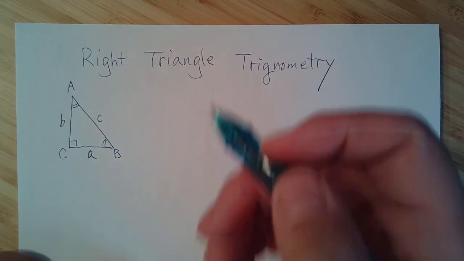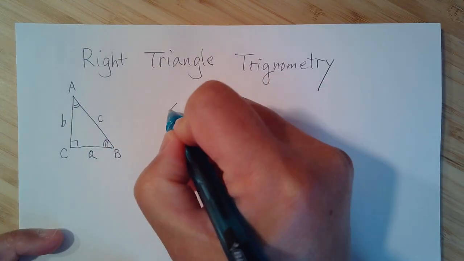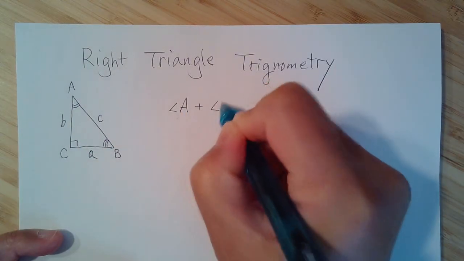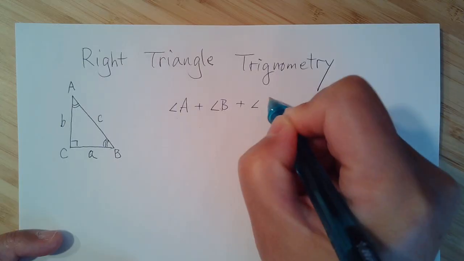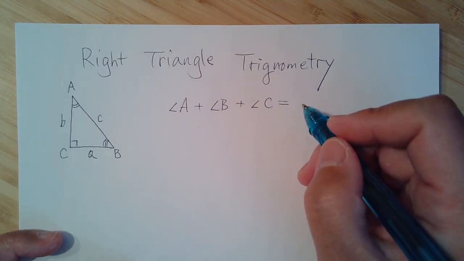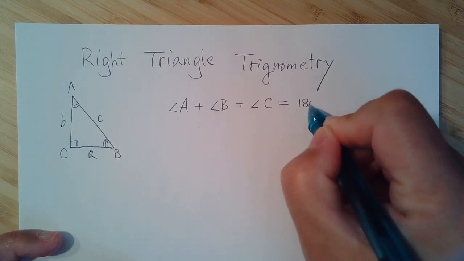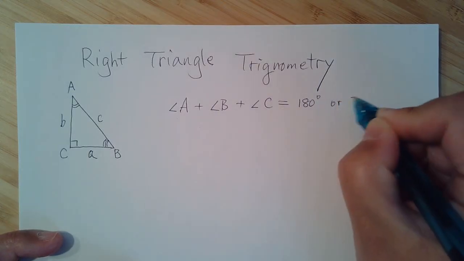And the good thing we know is for this angle A and angle B, because angle A plus angle B plus angle C, the sum of the interior angles of a triangle, should be 180 degrees, or pi.